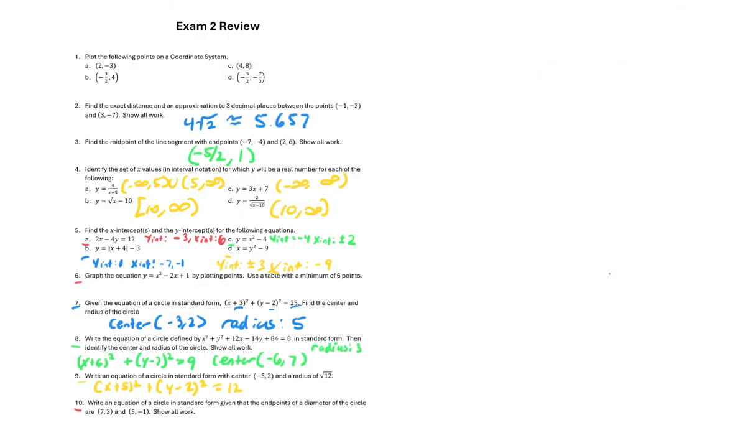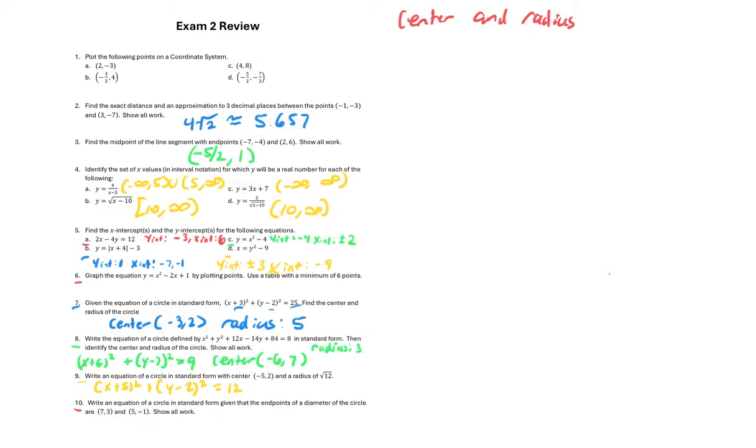Write an equation of the circle in standard form given that the endpoints of a diameter of the circle are 7, 3 and 5, negative 1. Okay, so you need to find the center and radius of it from those 2 points.